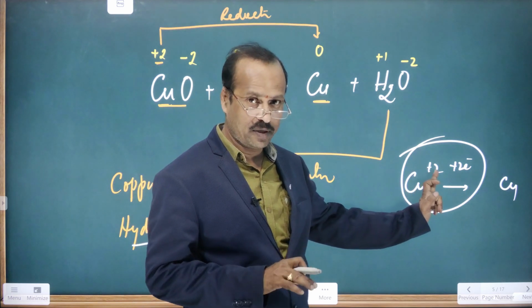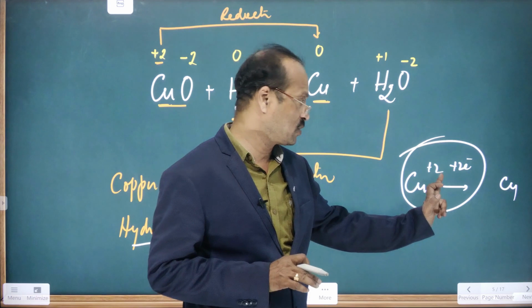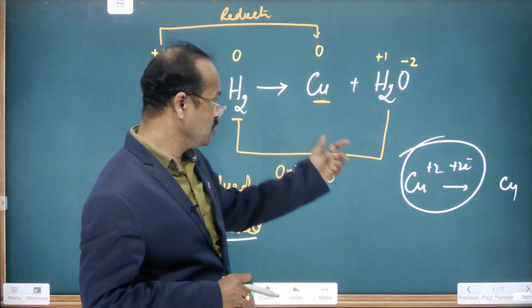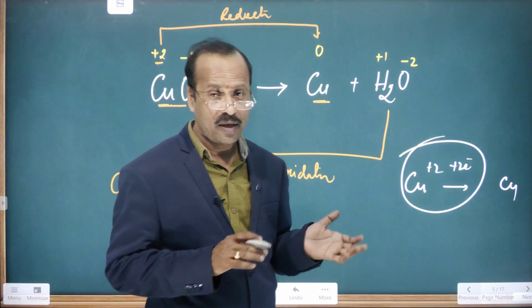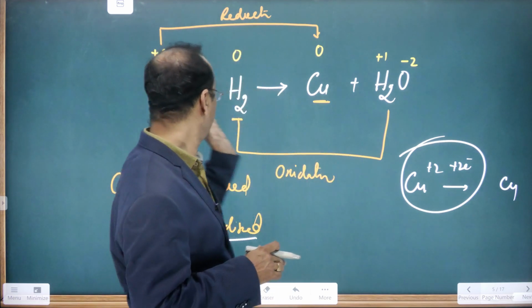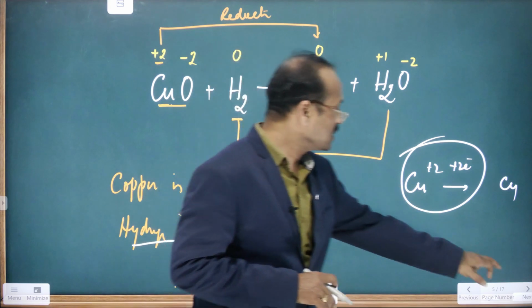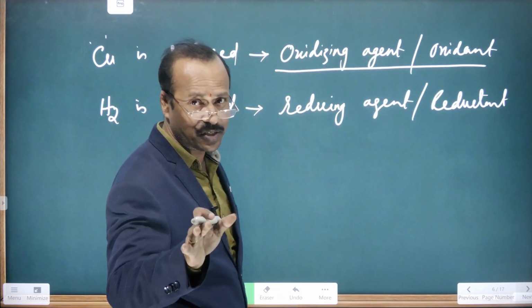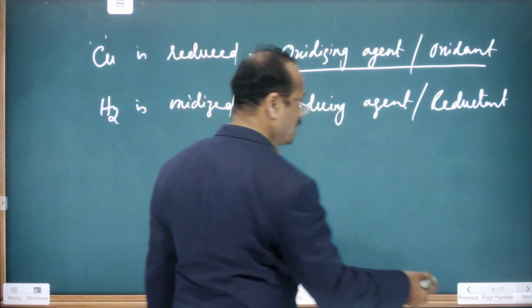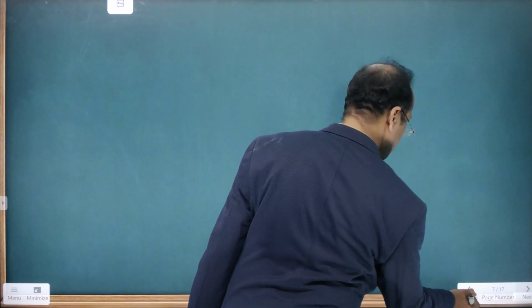Now it becomes Cu, neutral, which means it's gaining 2 electrons. Which is gaining the electrons? That is called reduction. So this copper is undergoing reduction, and the element undergoing reduction is called an oxidizing agent.